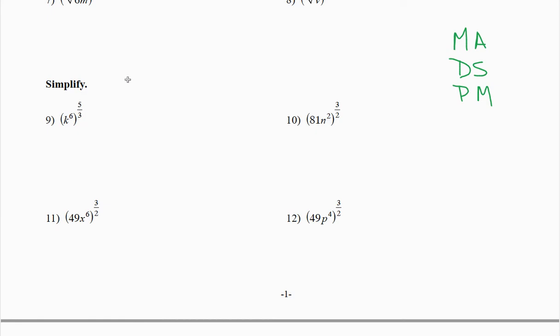So here what we're going to do is 6 over 1 times 5 over 3. If you are not comfortable with doing this, please use the Desmos calculator. I'd like to cross cancel. 3 goes into 6 2 times, and 2 times 5 is 10. Now, there is no longer a denominator here. This becomes our exponent, so this simply becomes k to the 10th.